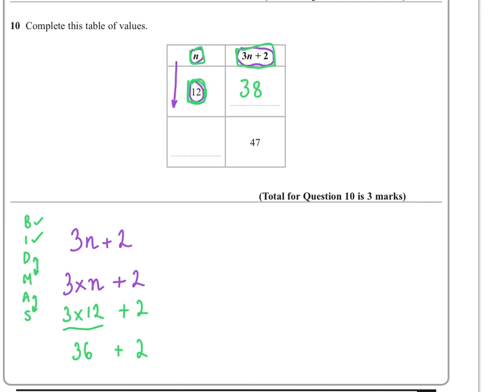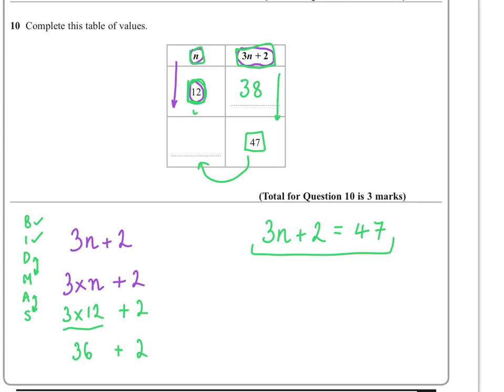Now it's telling us that 3n plus 2 is worth 47, so let's write that mathematically. And we have to work and find out what n is. So it's almost like having an equation here if you want to do it mathematically. You could guess and you could work with some numbers.